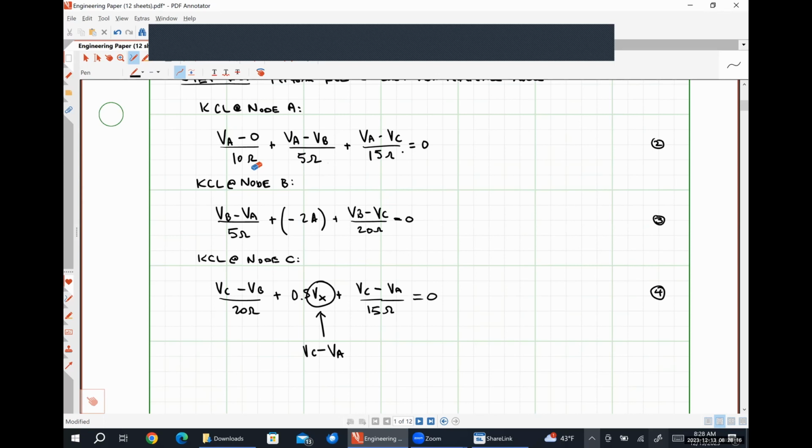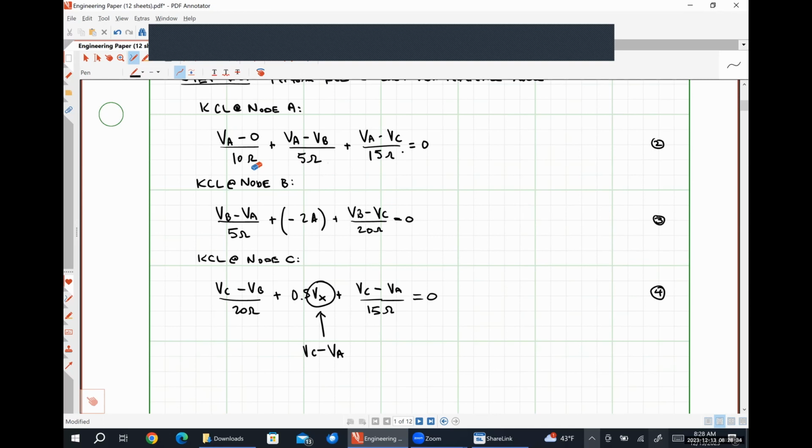My coefficient for VC is negative 1/15. And then I need to move my constant term, if I have any, over to the right-hand side of the equal sign. For this equation, there is no constant term, so I'm just going to leave that as 0.